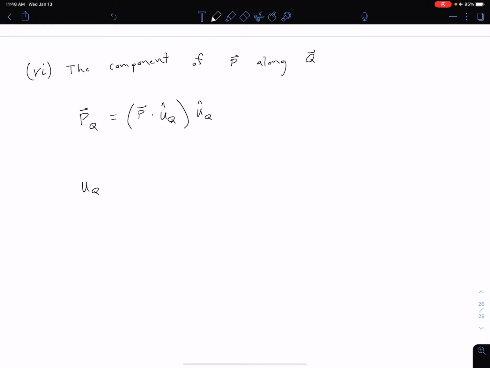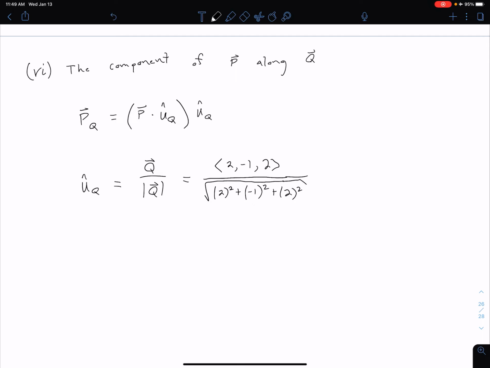So our unit vector in the Q direction is, again, by definition, just going to be Q divided by the magnitude of Q. So plugging in the values given for Q, we know that Q is 2, -1, 2, and our magnitude is going to be the square root of 2 squared plus -1 squared plus 2 squared.